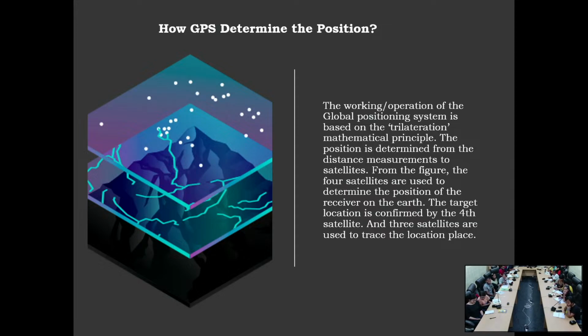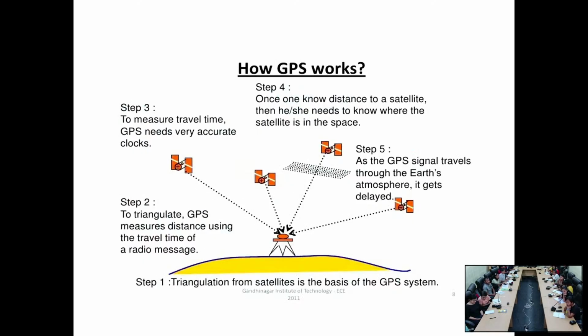Basically, this is the diagram, triangulation from satellites. I have told you earlier, one satellite is giving your x coordinate, another is giving your y, and the third one is giving your z.